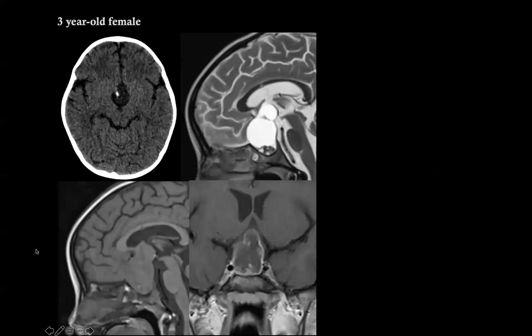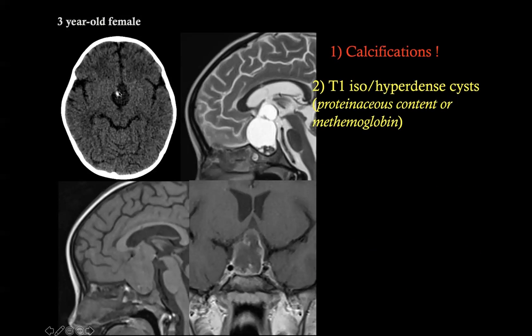Another important case, a 3-year-old female. This case involves only the suprasellar region. And again, think of the characteristic signal and morphological characteristics of the mass. This mass has calcification, shows this quite dense T1 signal because of proteinaceous content, sometimes bleeding.